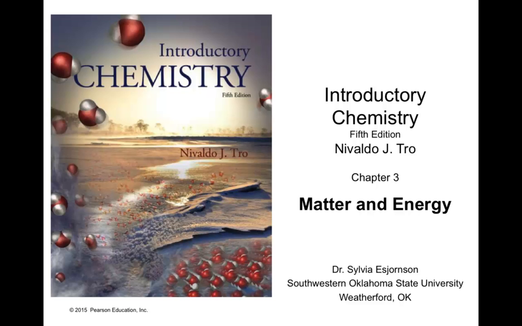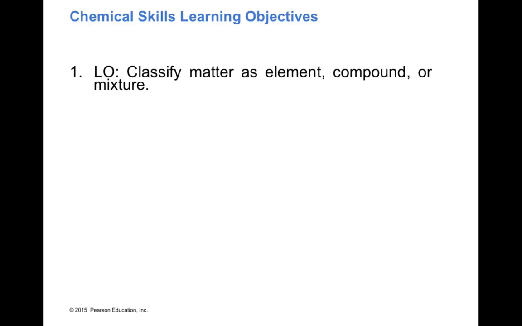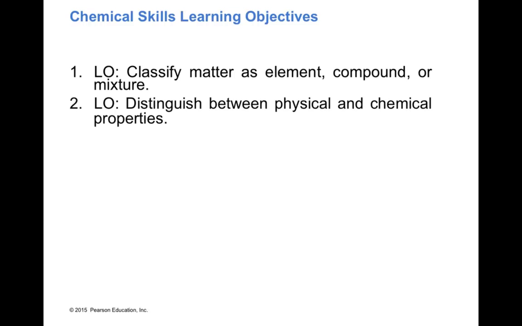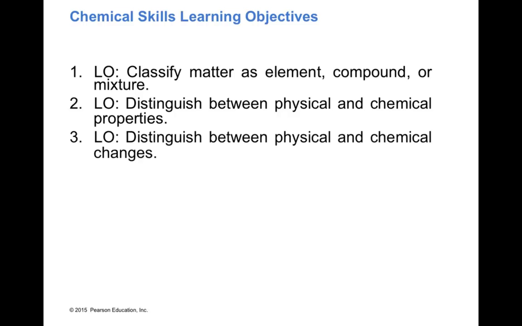In this module, we will be discussing chapter number 3, Matter and Energy. By the end of this chapter, you will be able to classify matter as element, compound, or a mixture. Also, you will be able to distinguish between physical and chemical properties, as well as distinguish between physical and chemical changes.